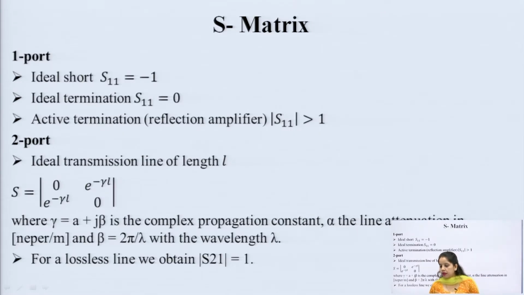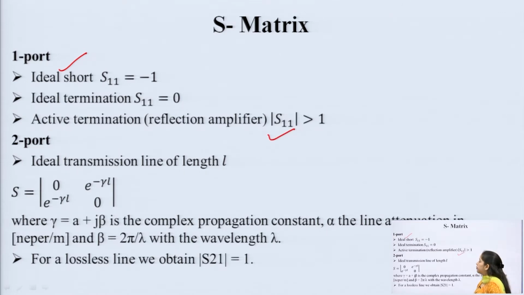So, what is the S matrix for terminations? When there is an ideal short, in that case our S11 should be equal to -1, and for the ideal termination, these conditions are for one port. For an ideal termination S11 should be equal to 0. When we talk about the active termination, that is a reflection amplifier, in that case the mod of S11 should be greater than 1.